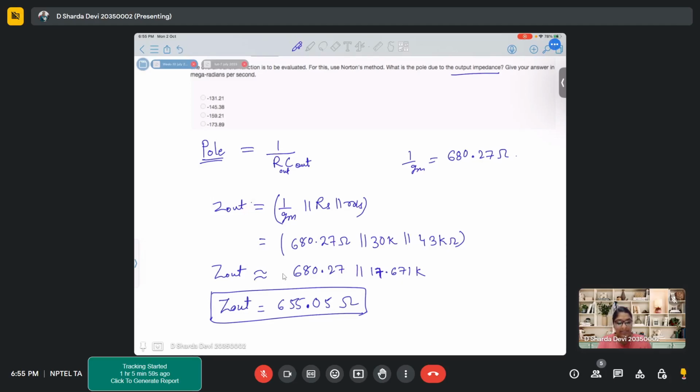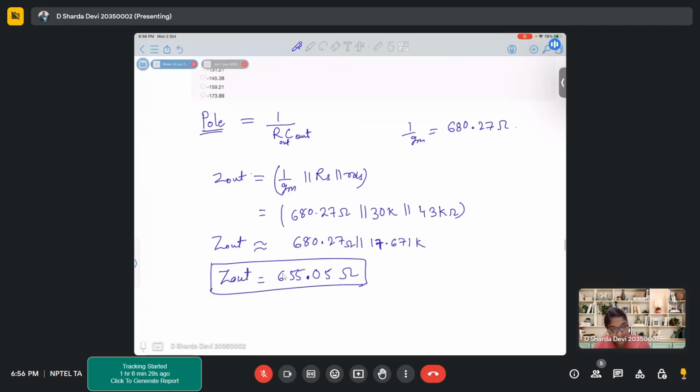The smallest is 680 ohms, right? See, units are very important. That's why I was saying, it is ohms. So units are very important. So it is 655.05 ohms for Z out.